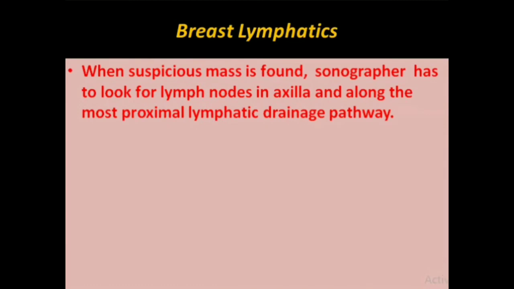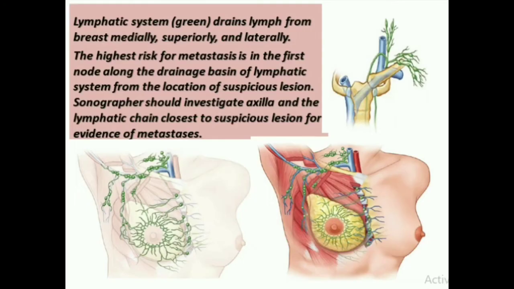When a suspicious mass is found, the sonographer has to look for lymph nodes in the axilla and along the most proximal lymphatic drainage pathway. These images show the lymphatic drainage of the breast tissue. The lymphatic system drains lymph from the breast medially, superiorly, and laterally.